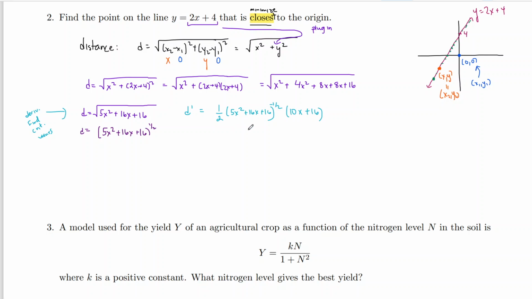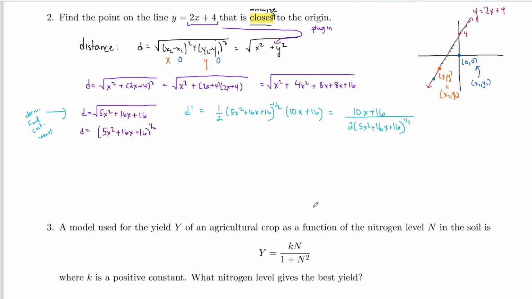But we do have a fraction in here because this is a negative exponent. If we go ahead and make it positive, then what's on the top is you have a 1 and you have the 10x plus 16. So just 10x plus 16 on the top. It's all multiplication. And on the bottom, you have a 2. And this is going to multiply the 5x squared plus 16x plus 16 to the 1/2 power. It becomes positive.